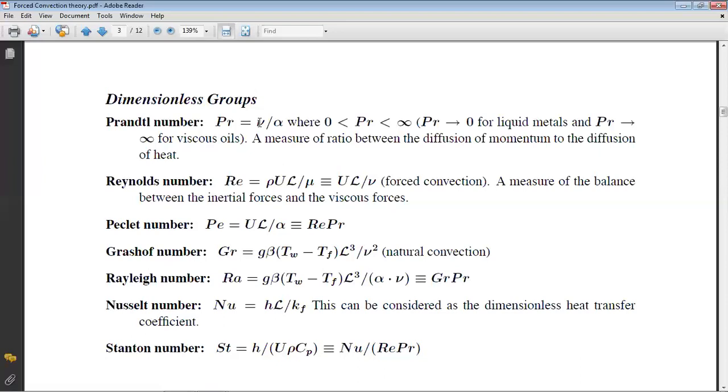Grashof number generally will be used in natural convection, and if you take the product of Grashof number and Prandtl number, it will yield another dimensionless number, which is the Rayleigh number. A Rayleigh number is given by the product of Grashof number and the Prandtl number to some powers multiplied with some constant.